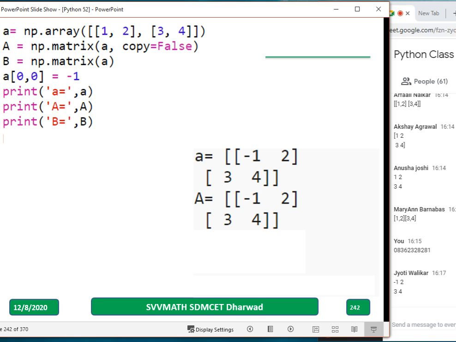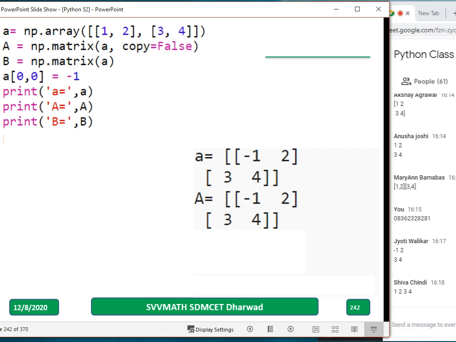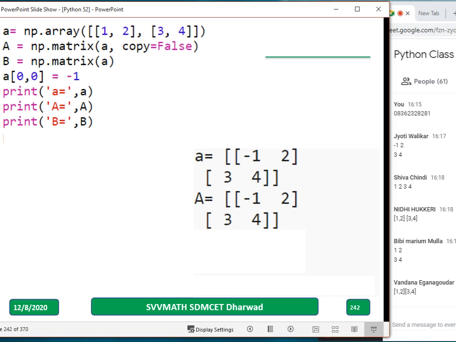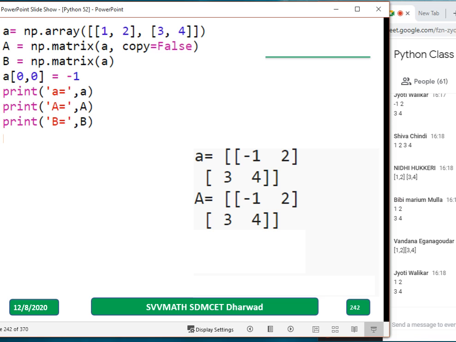I am printing the B. Now you type your answer in the chat box. Okay, 1, 2, 3, 4. Nidhi, Shiva, Vandana, Jyoti, all are typing the same answer.